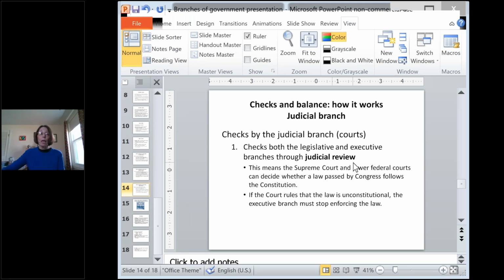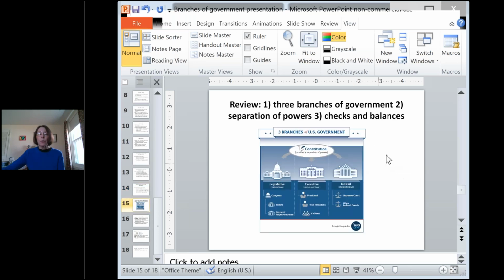It is no longer law. Congress can sometimes go back and change the law to make sure it's constitutional. That does happen, but sometimes the law is no longer enforced, and that's the end of that law.